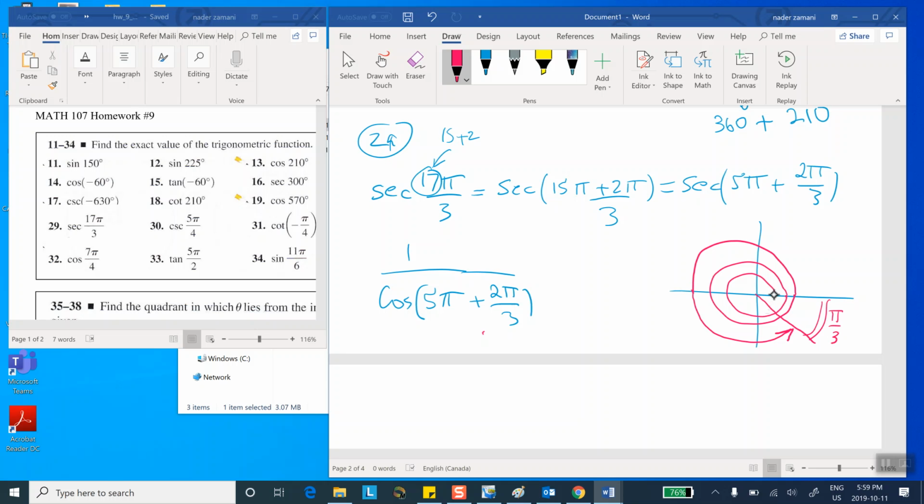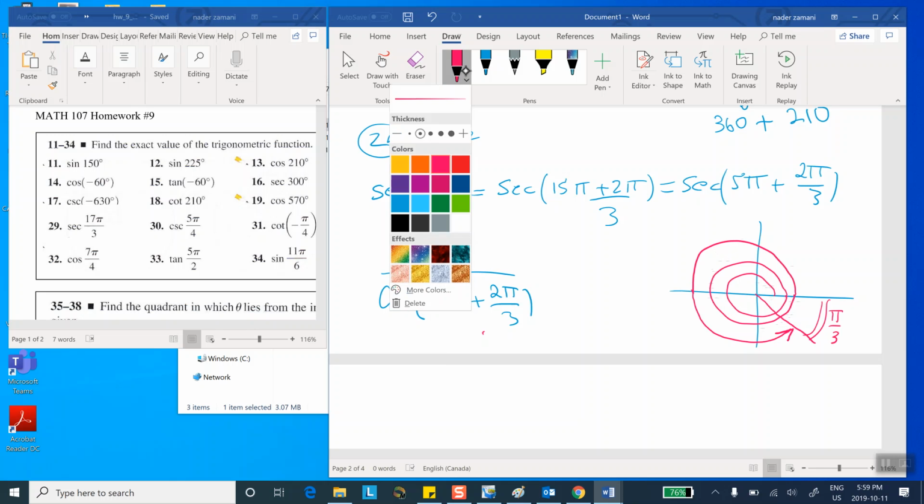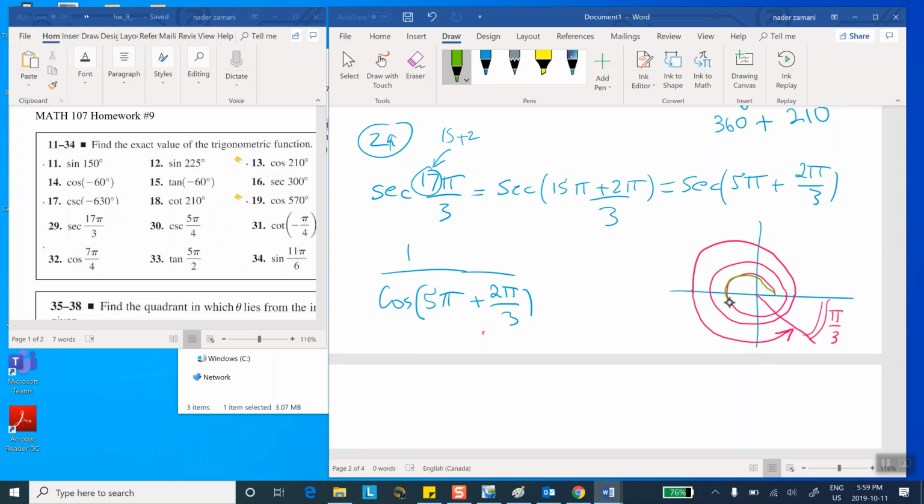See, you go once 2 pi, another cycle 4 pi, 2 pi plus 2 pi, and then a pi that makes it 5 pi, and then you go by 2 pi over 3, which puts you right there.